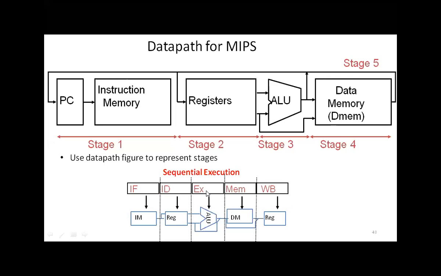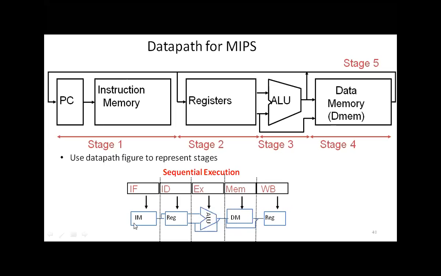ALU operation is done, and if there is some memory access, then the address of the memory location, the effective address, is calculated here. So ALU hardware is used in this stage. Then in the MEM stage, memory is accessed, and data memory is used because you are writing data to or reading data from memory.